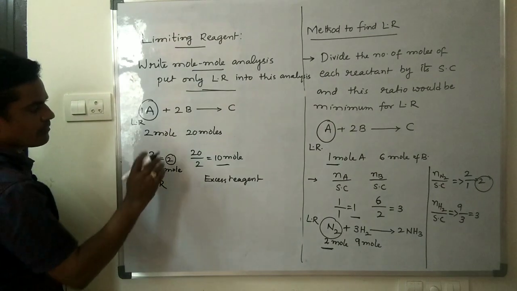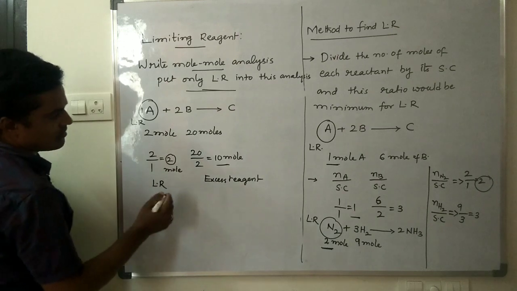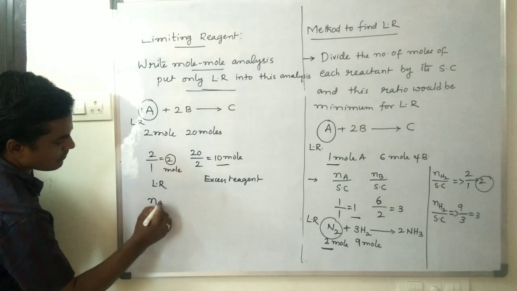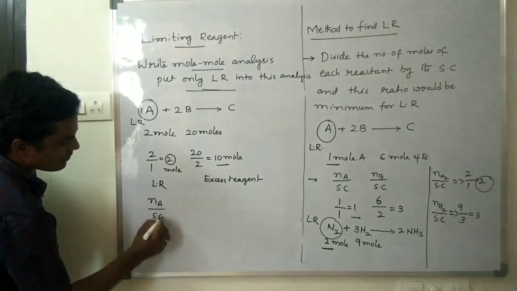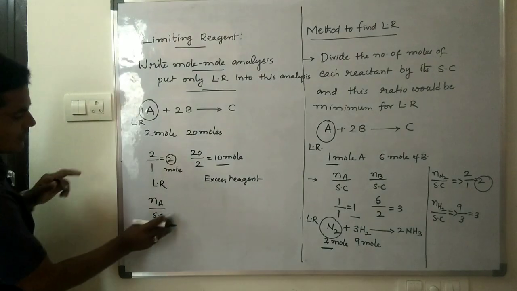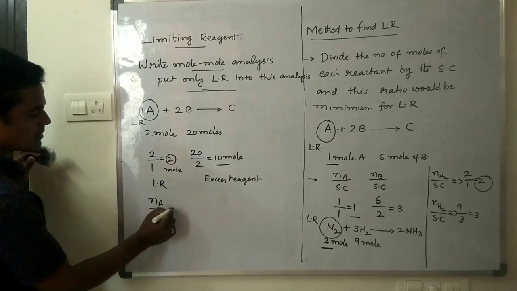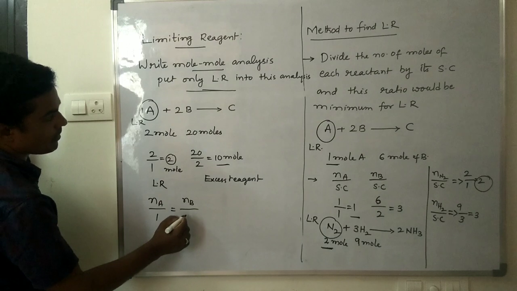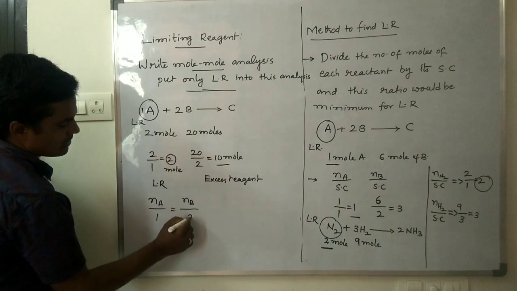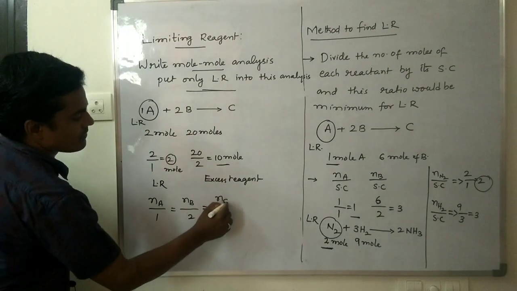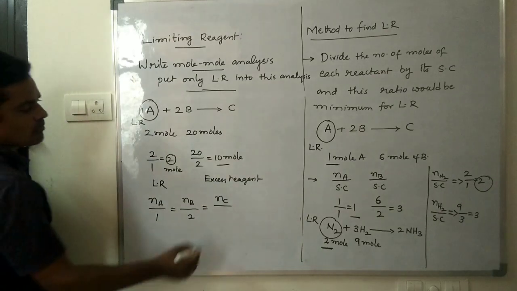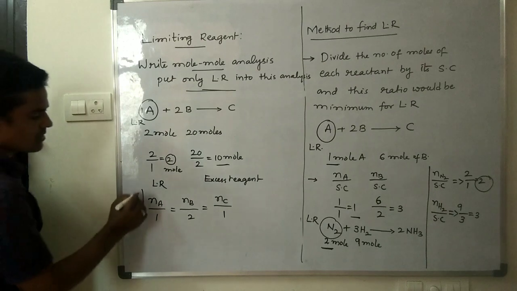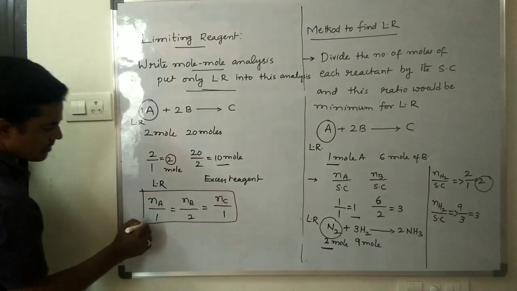How to find that? The number of moles of A upon its stoichiometric coefficient 1 is equal to the number of moles of B consumed in the reaction upon its stoichiometric coefficient 2, which is equal to the number of moles of C, the product formed during the reaction, upon its stoichiometric coefficient 1. So this is the mole relation.